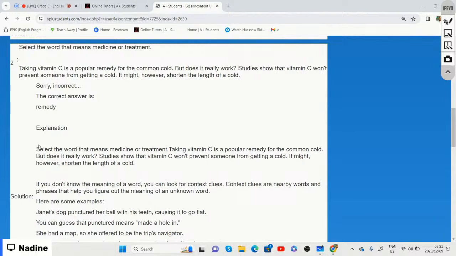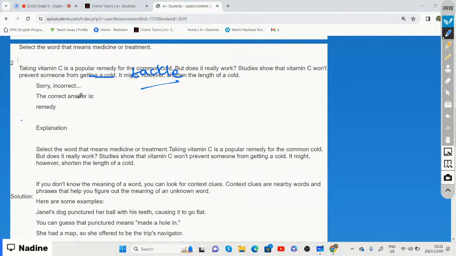So we select the word that means either medicine or treatment. Taking vitamin C is a popular remedy for the common cold. But does it really work?